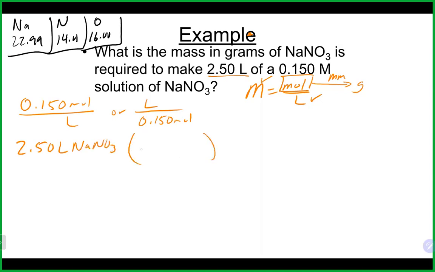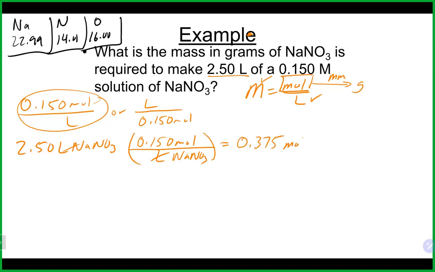We want liters to go away, so we are just going to use it like this, which is basically multiplying it by the molarity. Here, the liters will cancel, and that will get us 2.5 times 0.15, 0.375, and these are moles of sodium nitrate.